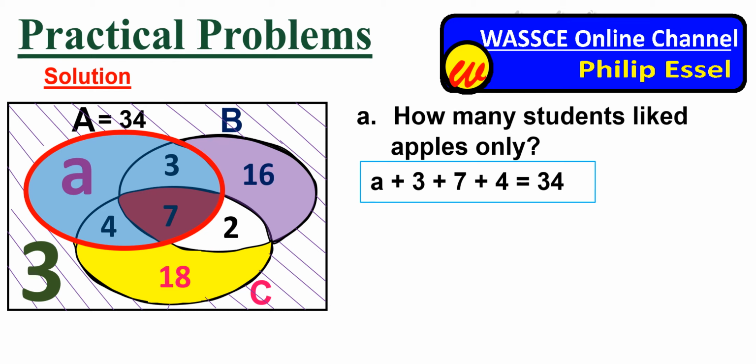From this linear equation, we can add 3 to 7, then to 4, and that would give us 14. So we will now have a plus 14 equals to 34. We will then move the 14 to the right side of the equation, and it will become negative 14, and we will subtract that 14 from the 34. 34 minus 14 would give us 20.